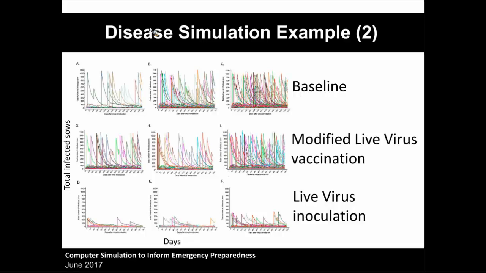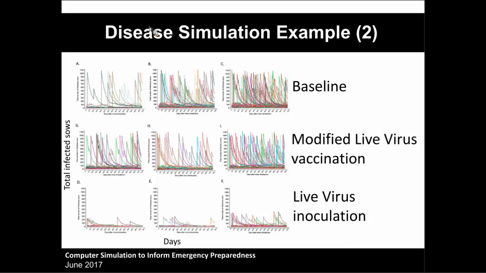On the top, three figures, that is A, B, and C, show the baseline simulation, so there was no intervention there, and simulated the number of infected cells after introducing 1, 5, and 10 infected cells.